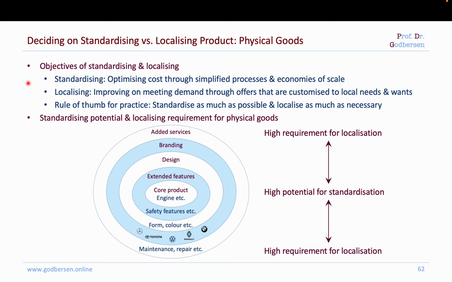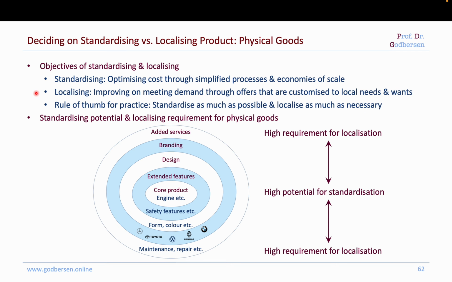The objective of localizing is improving our meeting of the demand. We want to improve sales through meeting the specific demand in a target country as we offer customized, localized products.